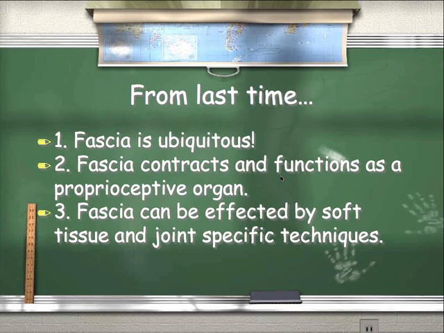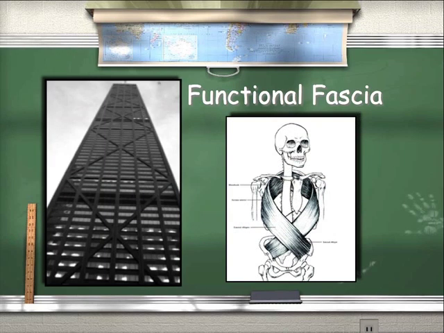So they can have dramatic effects on fascia and how our body functions. And again, if you don't do soft tissue techniques, foam rolling, sticks, balls, and even breathing dramatically affects fascia and the nervous system. So today we'll continue our look at fascia and how it functions.